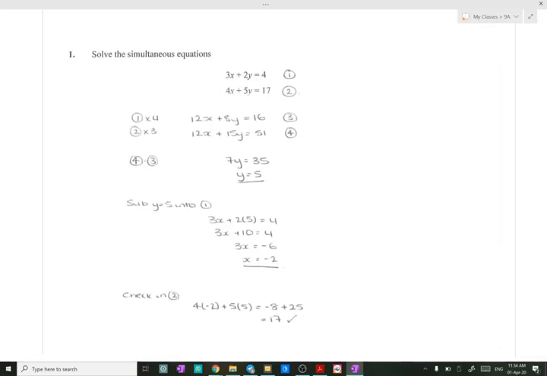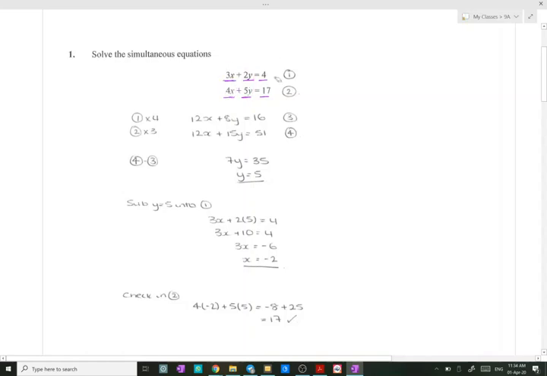So in our case here, we have 3x plus 2y equals 4 and 4x plus 5y equals 17. We need to eliminate either the x or the y.